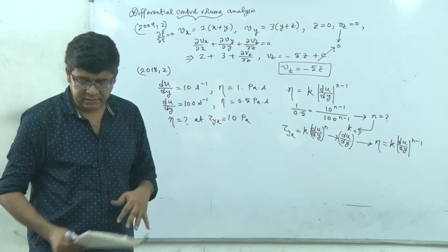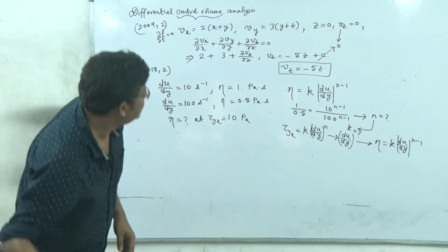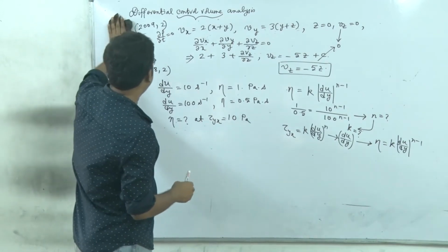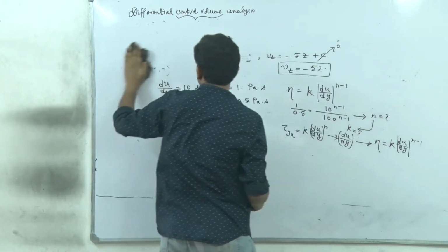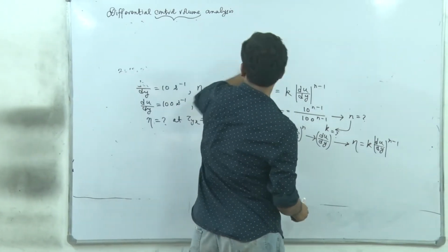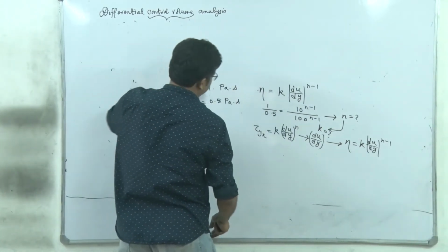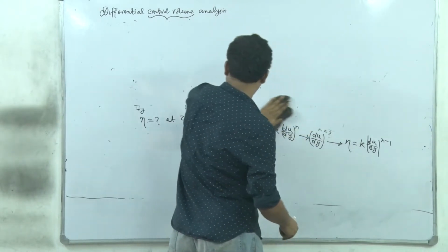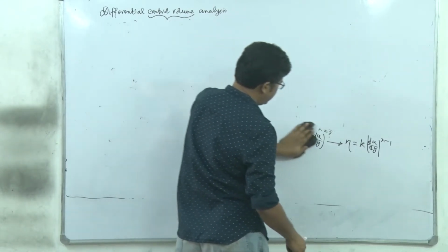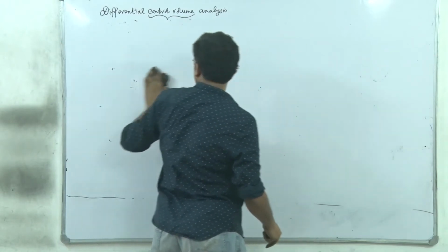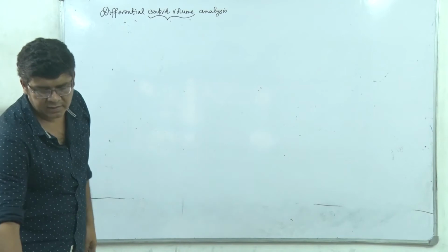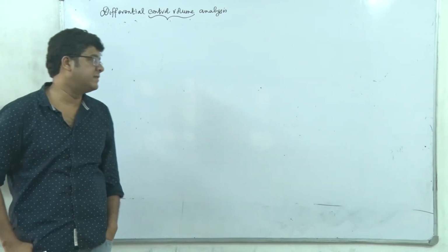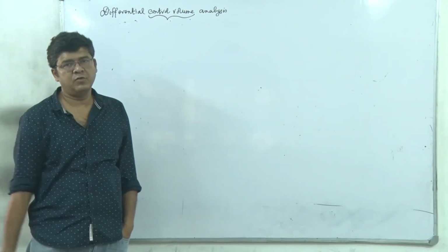So let's proceed with the further analysis of differential control volume. Definitely our next target will be to apply the conservation of momentum, or Newton's second law, to a differential control volume.